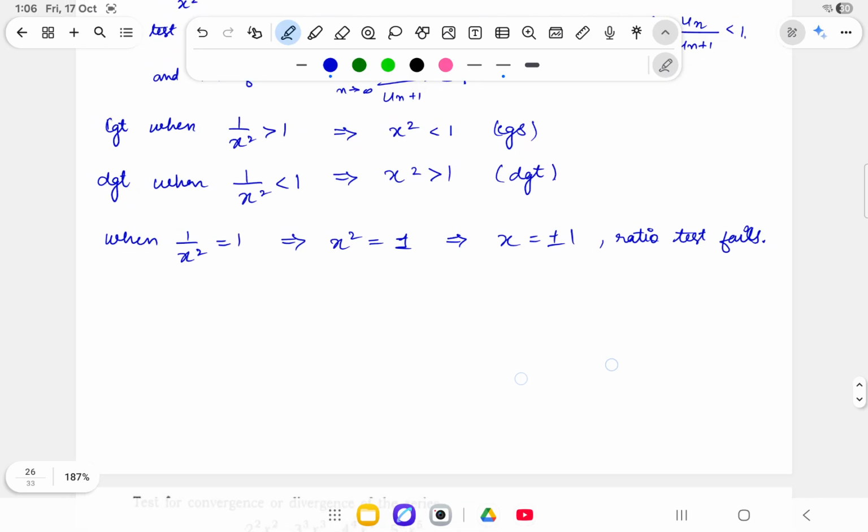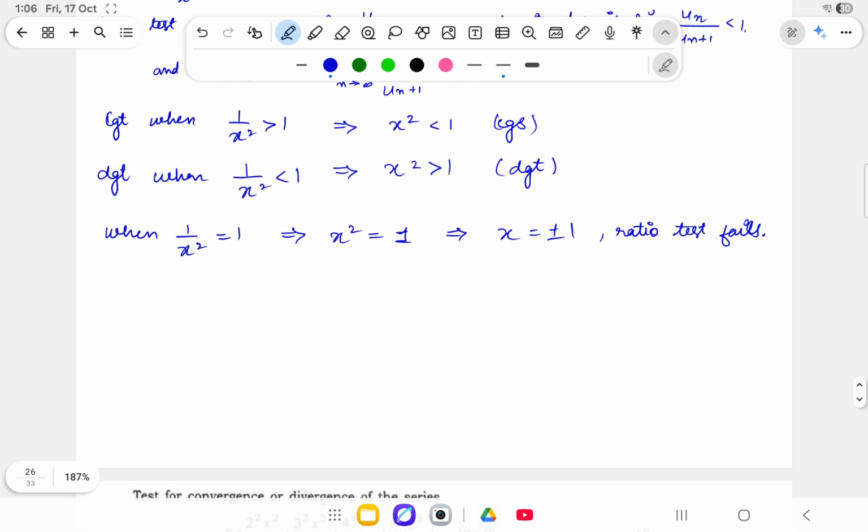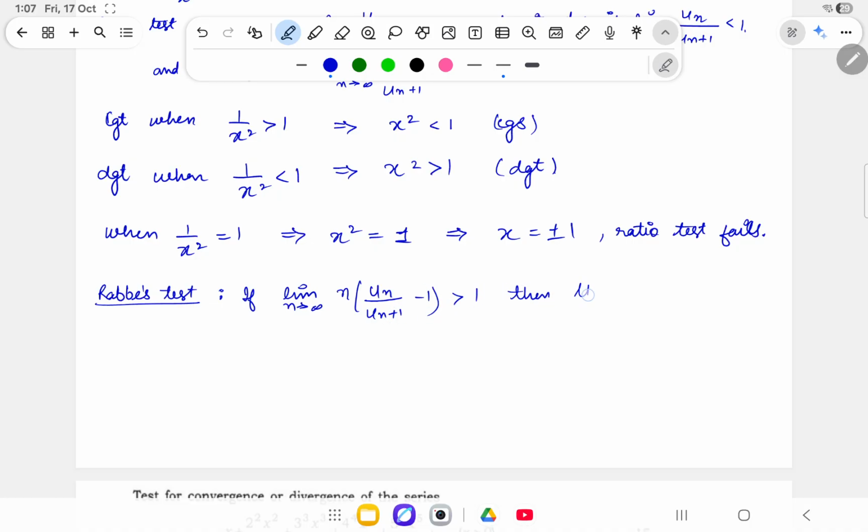So let's use Raabe's test to see if it is convergent or not. It says that if the limit as n approaches infinity of n times (un by un plus 1 minus 1) is greater than 1, then the series is convergent, and if this limit is less than 1, then the series is divergent.